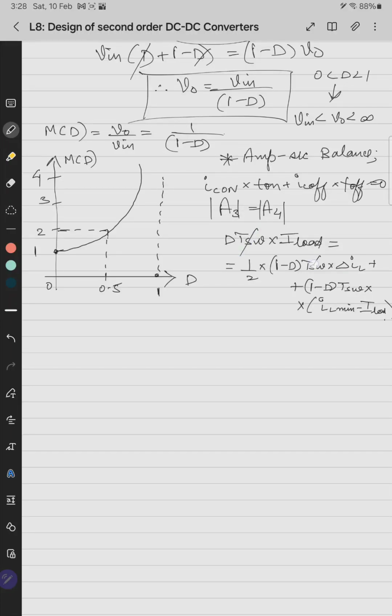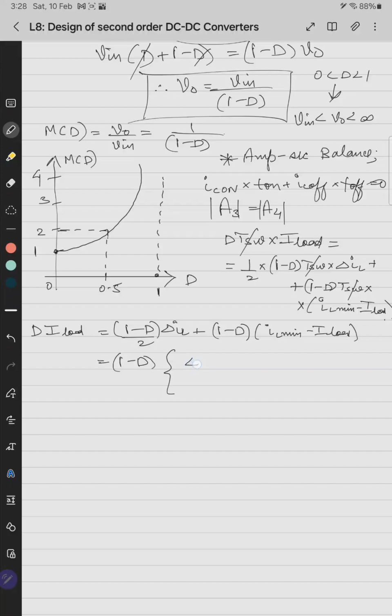So if we cut t switching, then we get d into I load equals 1 minus d by 2 into delta IL plus 1 minus d into IL minimum minus I load. If we take 1 minus d common, it will be delta IL by 2 plus IL minimum minus I load.